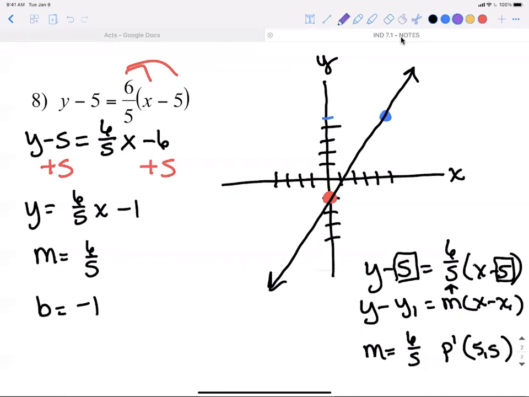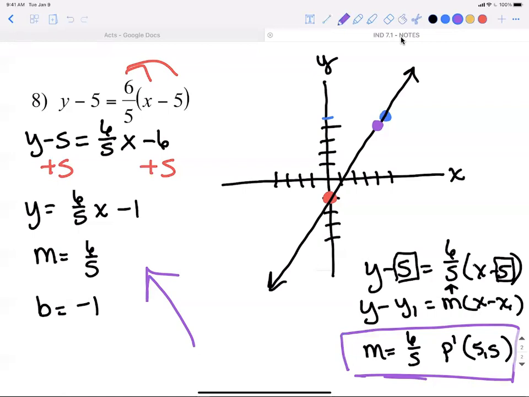If I would have done it this way first, and not done it over here this way at all, I would have gotten the point 5, 5, which is right here. Okay, 5, 5 is also on that line. It all should fall on the same line, because no matter which way you do it, you get correct information.